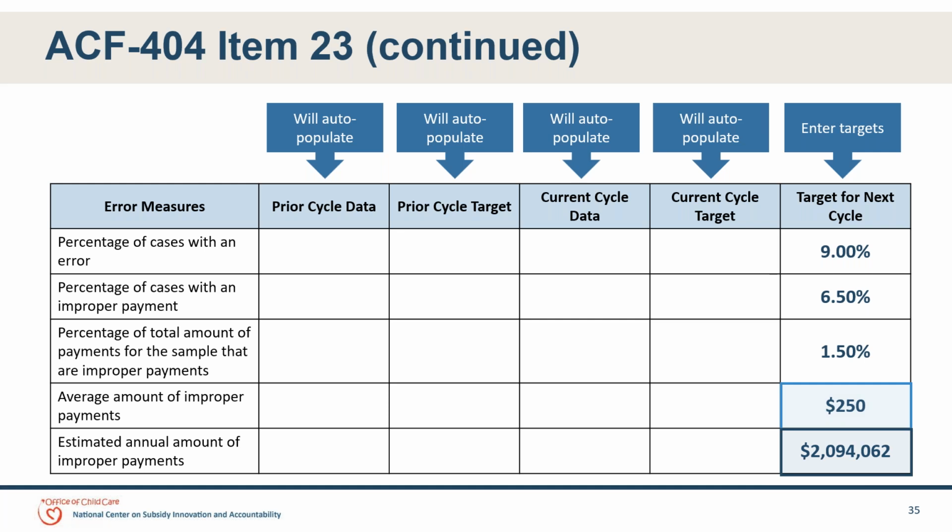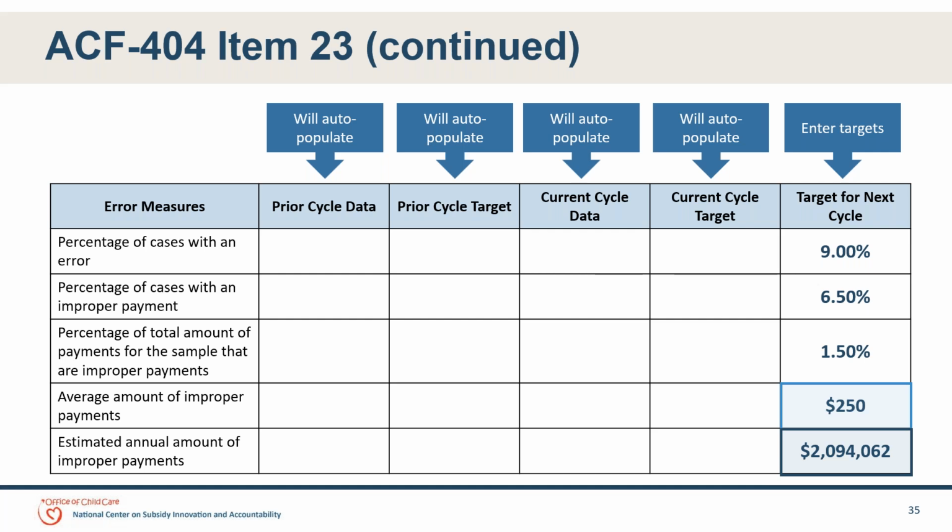And second, we often go back to states to ask them how they calculated this last target, which is your target for your estimated annual amount of improper payments. One way to think about it is taking that third target, the error rate target, which in this example is 1.5%, and multiplying it by your annual amount of payments. That will generate an estimate for your annual amount of improper payments.